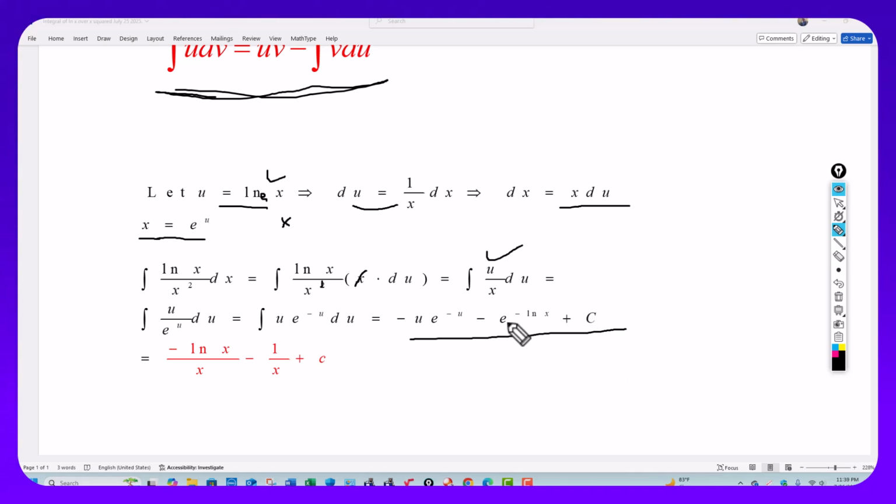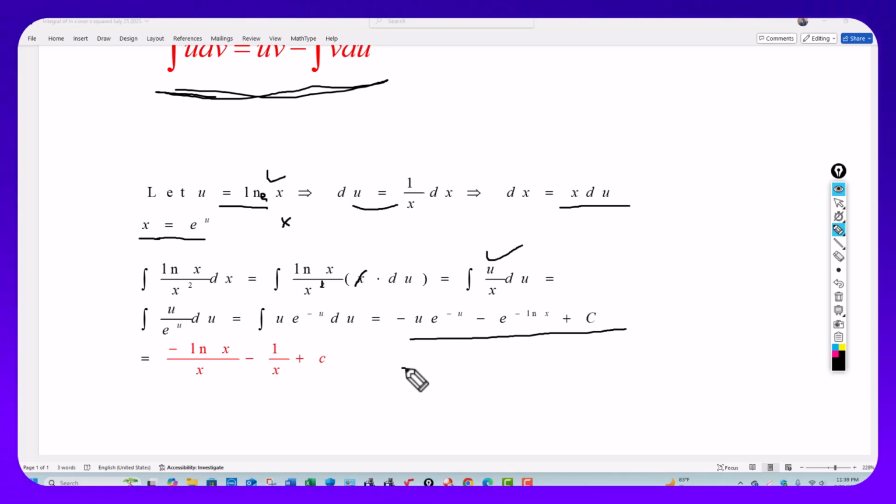This is actually e to the minus u here. So I replaced it ahead of time there. So this was the minus u, but u is ln of x, so I got that there. And then here, same thing for this one. u is ln of x, and it's got a minus there. And you got it here.